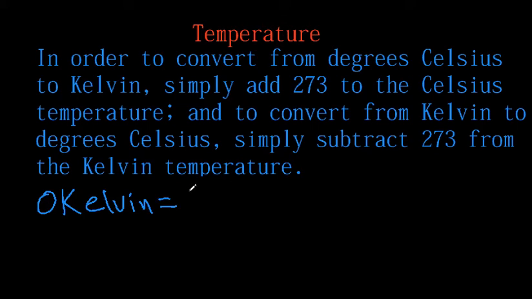It's so cold that the Celsius temperature is negative 273 degrees Celsius. So if you wanted to convert between Celsius and Kelvin, you just add or subtract this number, 273. Now, how do you know which way to do it?